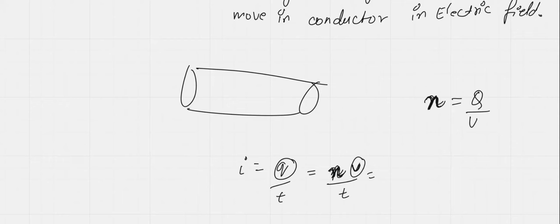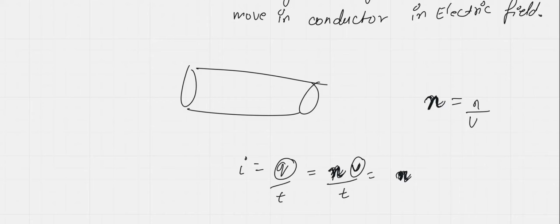What is the volume? It is this many times the electron, basically a number, and this is a charge. So what is the total charge? It should be the number of electrons.